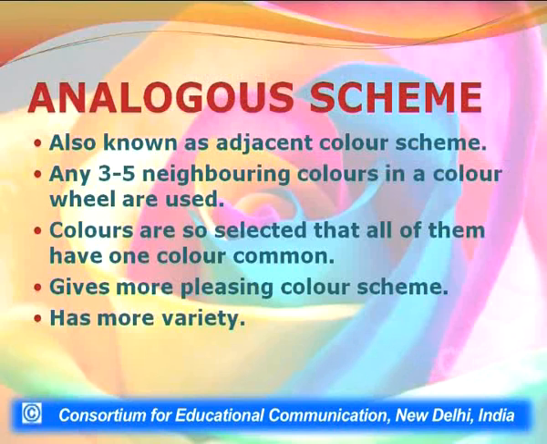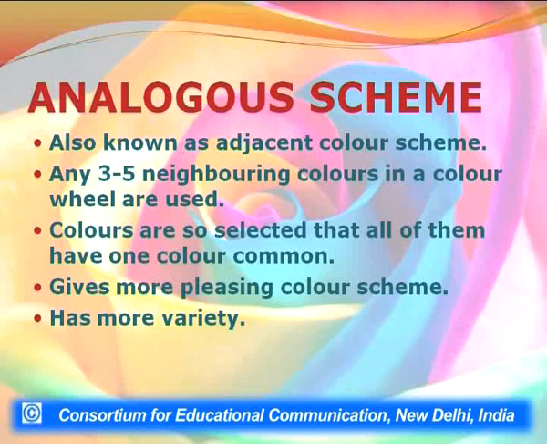The next scheme which comes under related color schemes is the analogous color scheme. It is also known as the adjacent color scheme. Any 3 to 5 neighboring colors in a color wheel are used. Colors are so selected that all of them have one color in common.